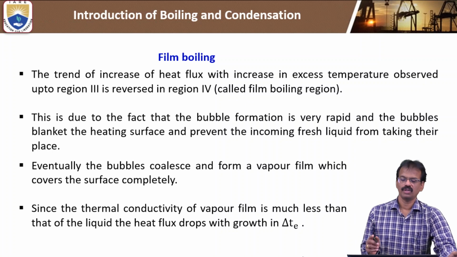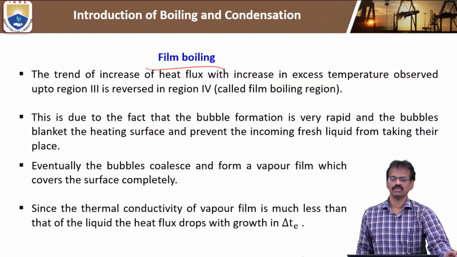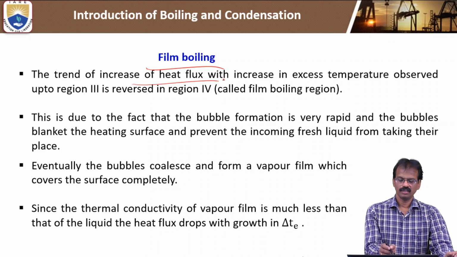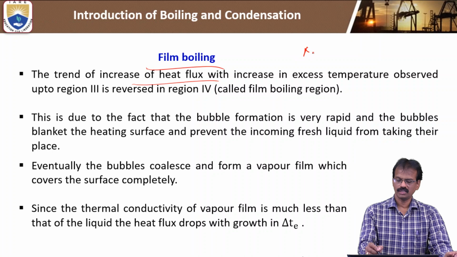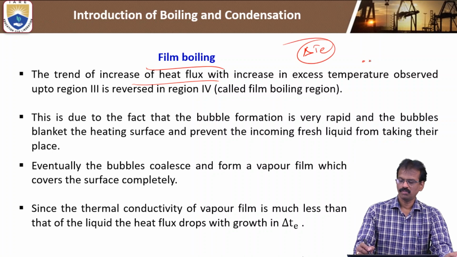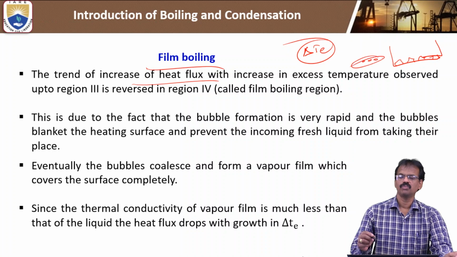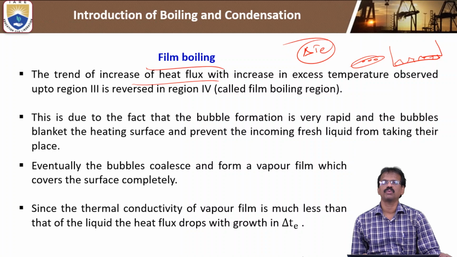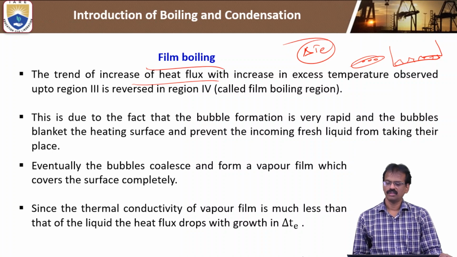Next, the transition from nucleate boiling to film boiling. By increasing the excess temperature delta T E, the rapid bubbles formed on the surface mix with each other and form vapor pockets on the surface.